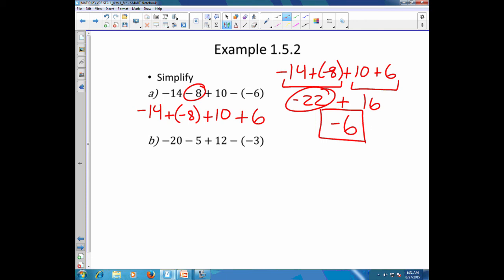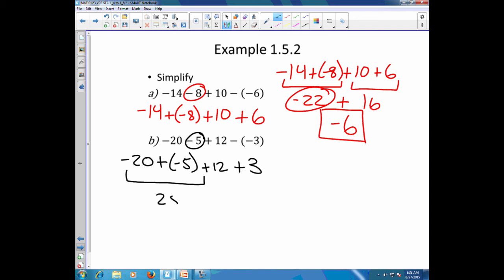We do the same thing for the next example. Negative 20. Now we have minus 5, so we can make that plus negative 5, plus 12. And then minus negative 3, which is going to become plus 3. Once again, we can add the first two numbers. They're both negative. 20 plus 5 is 25.